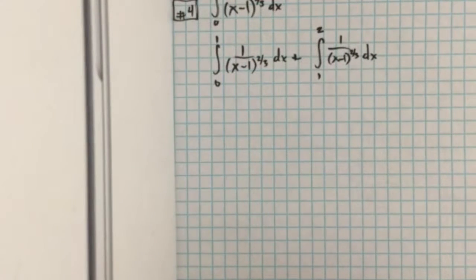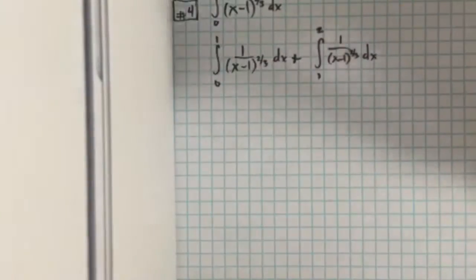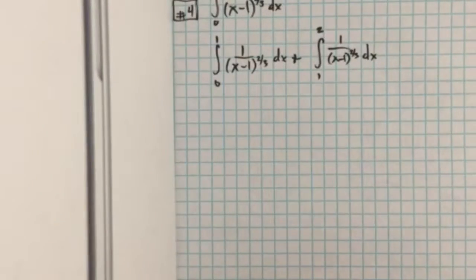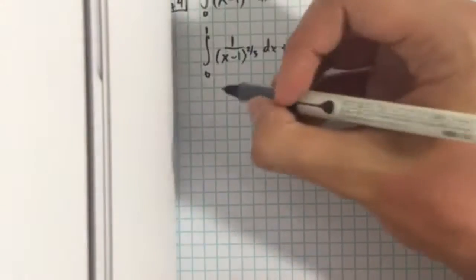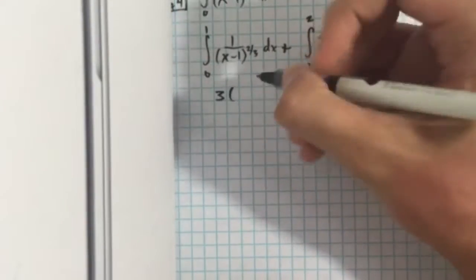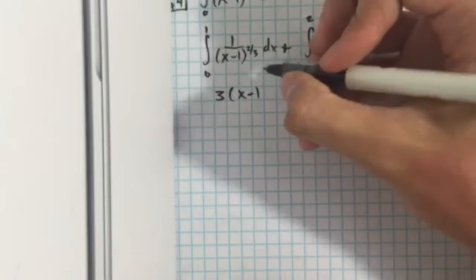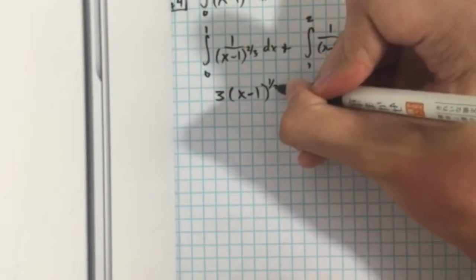Now we find the limit of the antiderivative of the given functions, integrals. The antiderivative of the given function is 3 times x minus 1 raised to the 1/3.